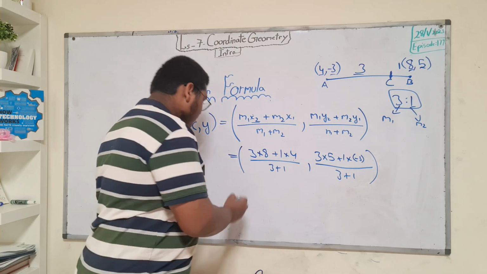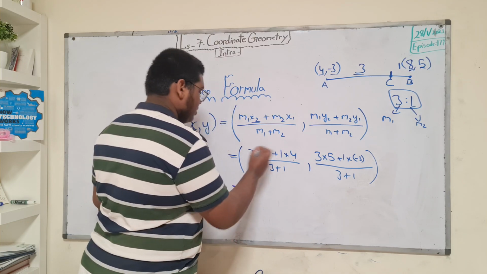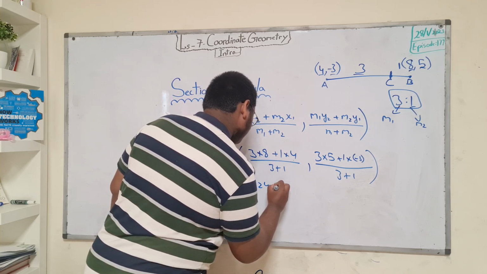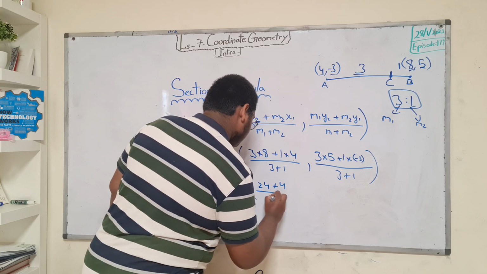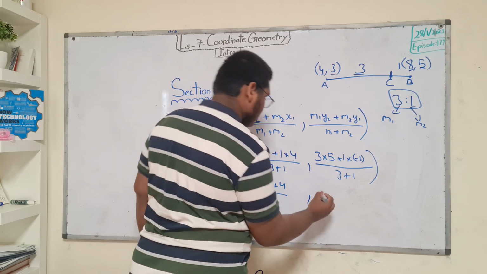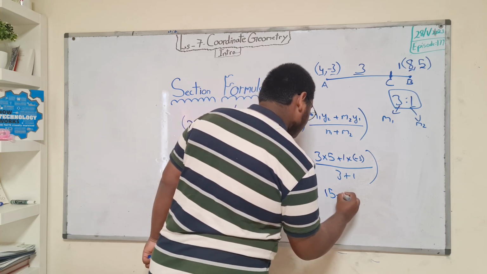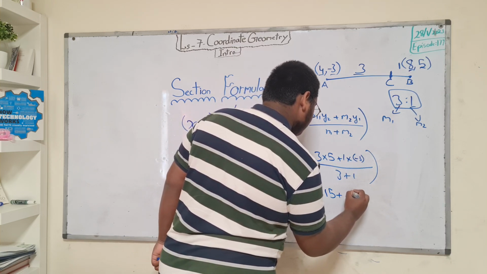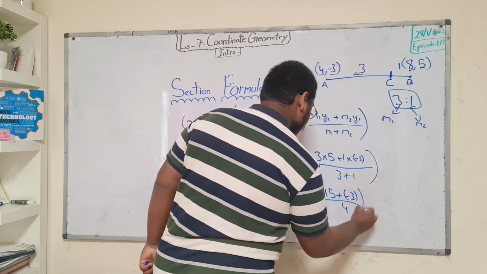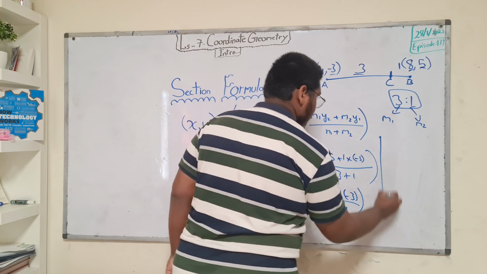Now over here we have 3 into 8, which will be 24, plus 4, divided by 4. Is this clear? Then 3 into 5 is 15, plus 1 into minus 3, that will be minus 3, divided by 4. I will do the rest over here.